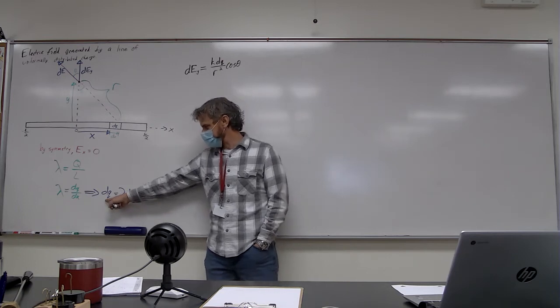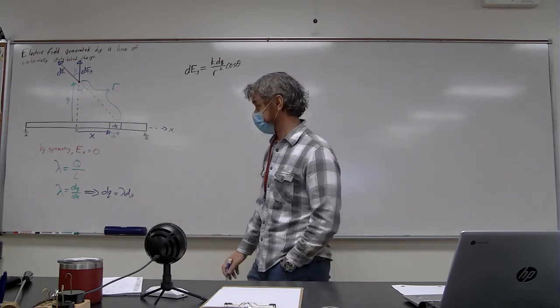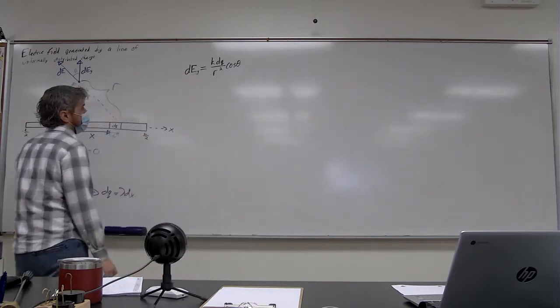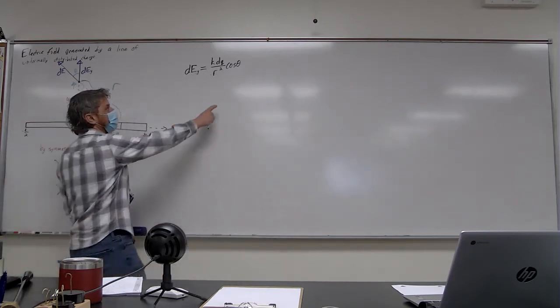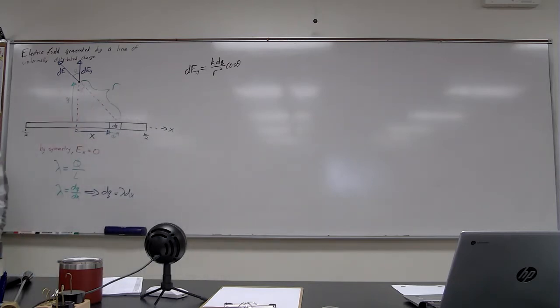Because we have our charge dq expressed in terms of dx. So as Bradley pointed out correctly, we need to rewrite r and cosine theta in terms of x, and if there's anything else, they need to be constant, right?